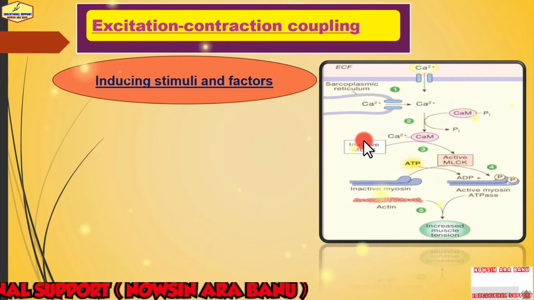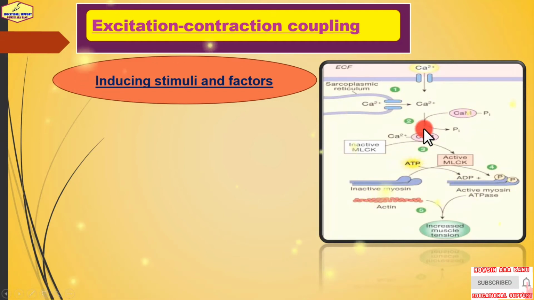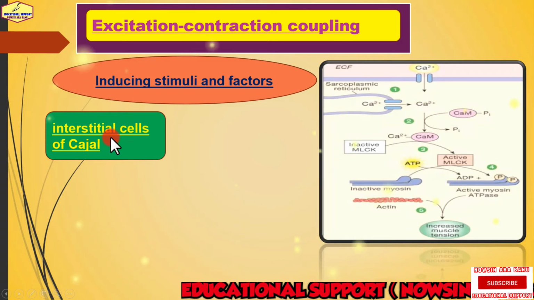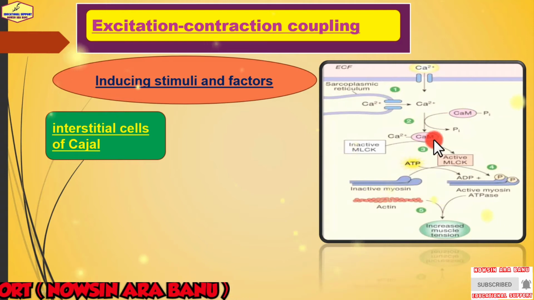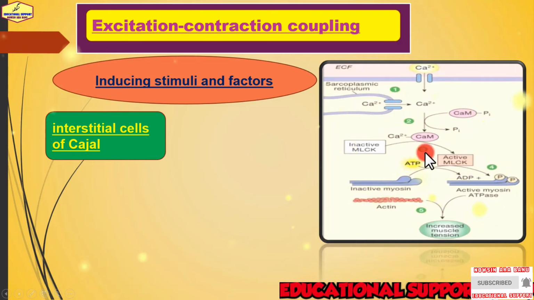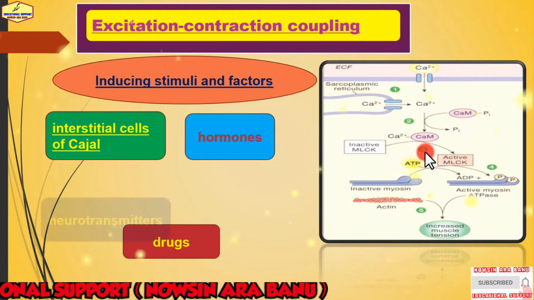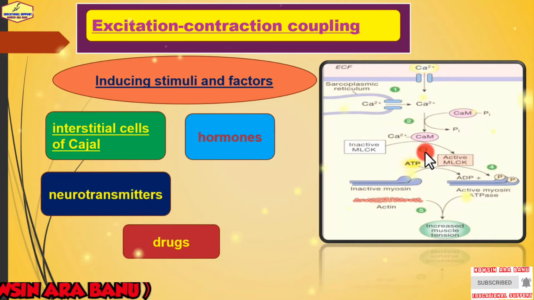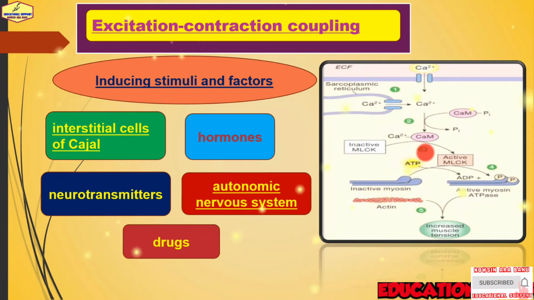Smooth muscle may contract spontaneously, as in the gut, where pacemaker cells called interstitial cells of Cajal produce rhythmic contraction. Contraction and relaxation can be induced by physicochemical agents, for example, hormones, drugs, neurotransmitters, and particularly from the autonomic nervous system.